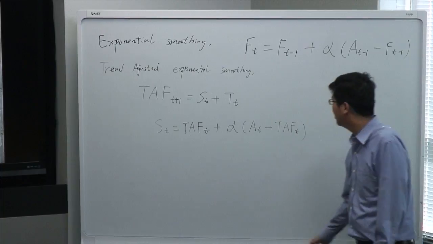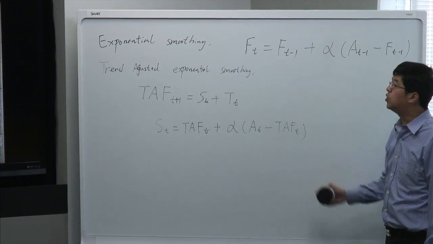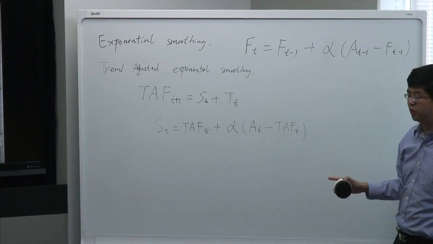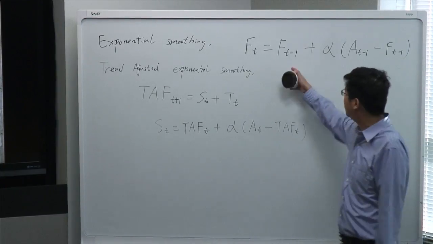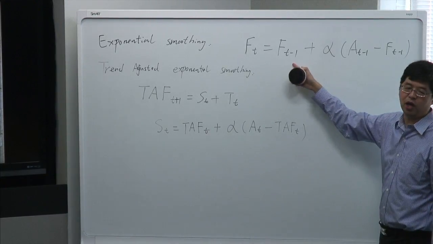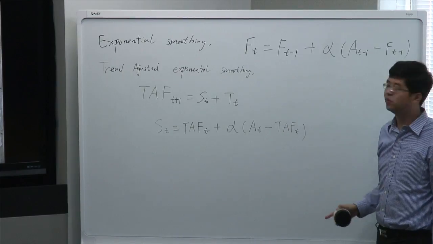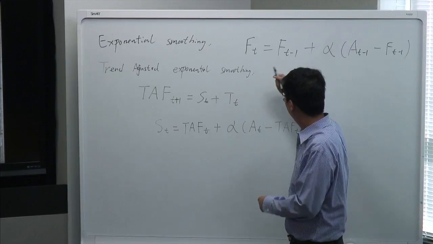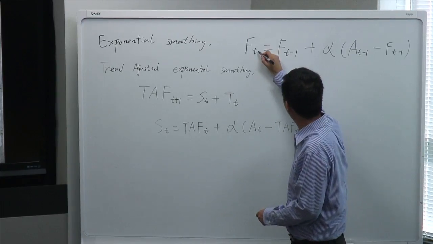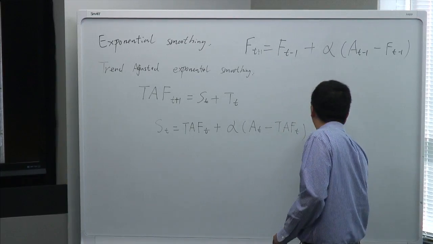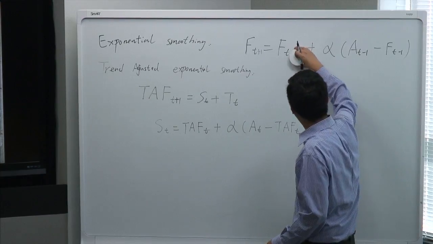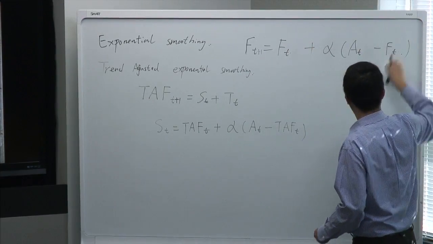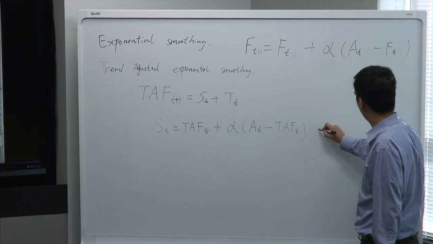You can see the smoothing factor used for this trend adjusted exponential smoothing method is nothing but the same as in the exponential smoothing method. Well, if you still are not so sure, I can change the notation a little bit, just to make the symbols the same. Then you compare these two formulas.